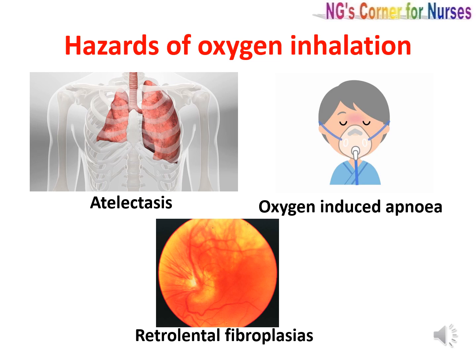And the last one is retrolental fibroplasia. Oxygen therapy may affect the eyes, especially in infants. High concentration oxygen develops fibrotic changes behind the lens, which impairs light penetration to the retina.